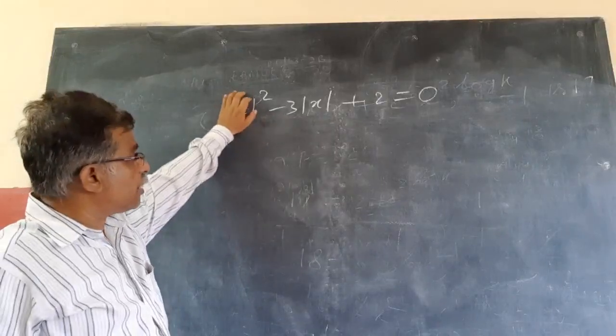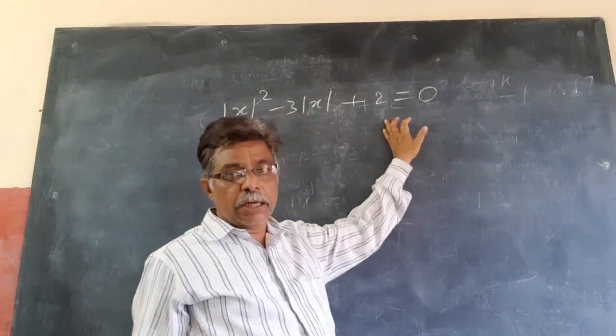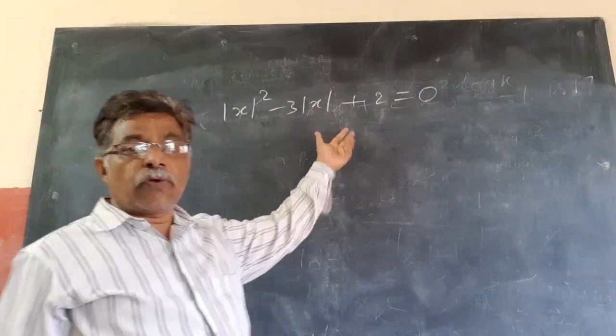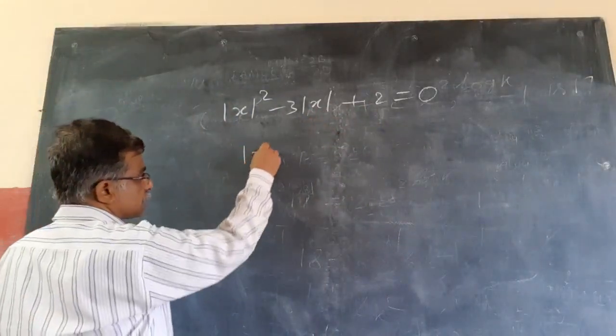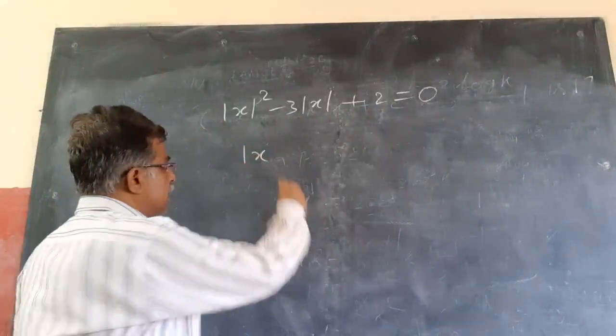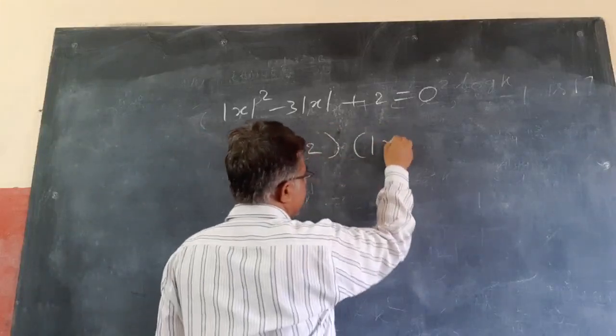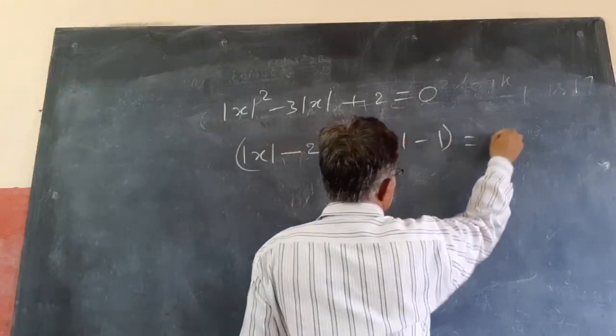So if you consider mod x as some y, this is y square minus 3y plus 2, so it contains 2 roots. What are these? If you factorize this, 2 and 1 here. So that is mod x minus 2 into mod x minus 1 equal to 0.